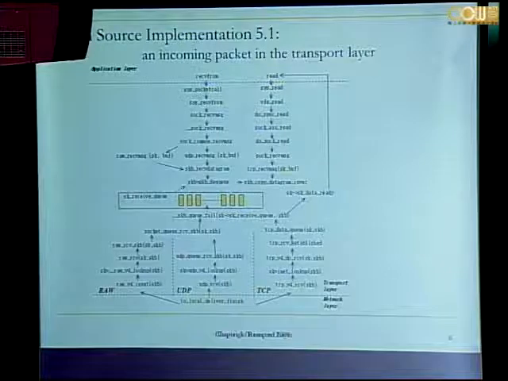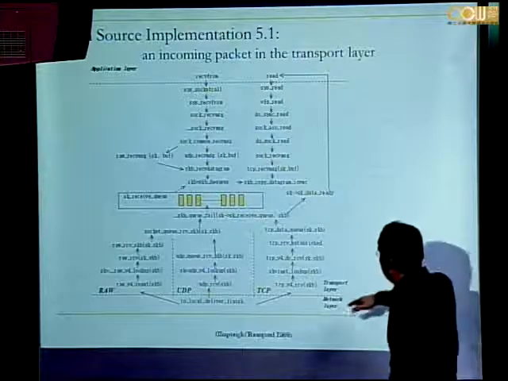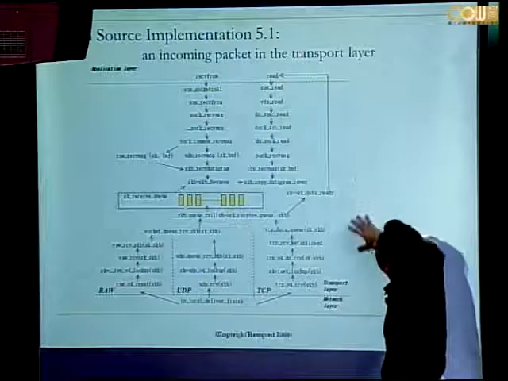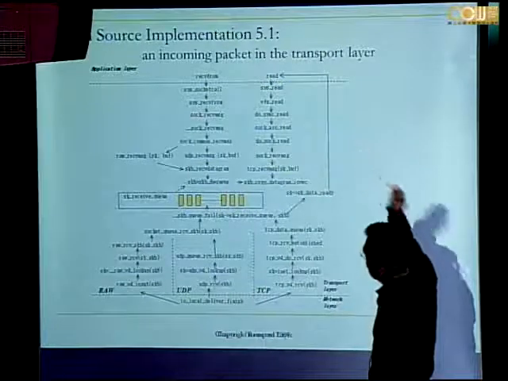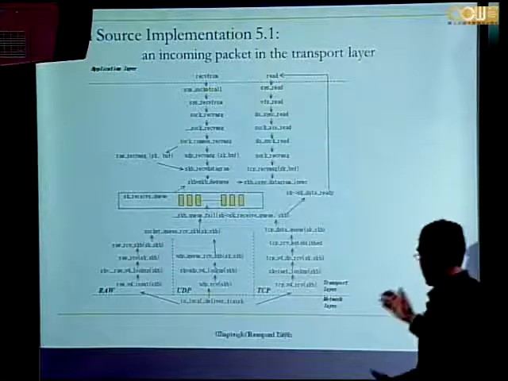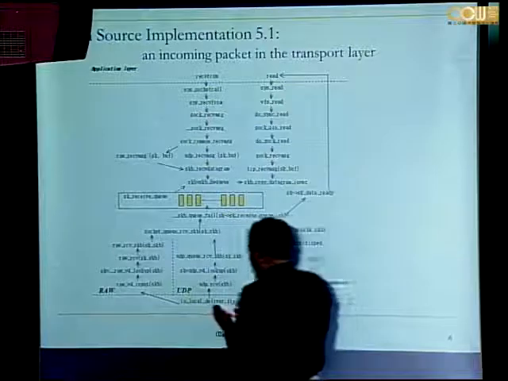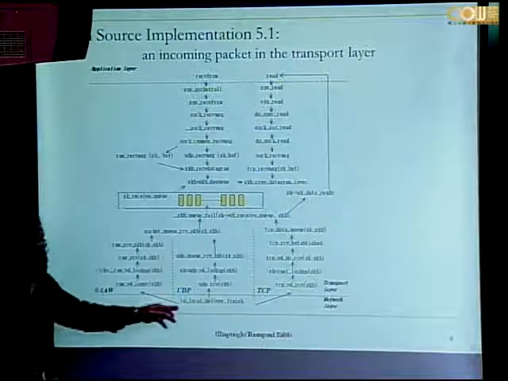So let's look at the incoming flow first. Here's the IP layer, here's the transport layer, and then there is the application layer. At the network layer, the IP layer, there's a function called ip_local_deliver_finish.